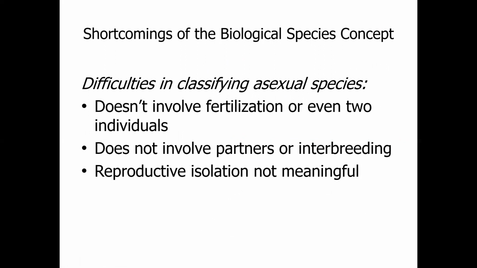However, with asexual species, something like bacteria can just make a copy of itself and reproduce like that. So there's no real identity of reproductive isolation. For bacteria, it doesn't matter if it's separated from a bunch of other bacteria. It's asexual. It can just make a copy of itself whenever it feels like. So it breaks that rule in terms of reproductive isolation.